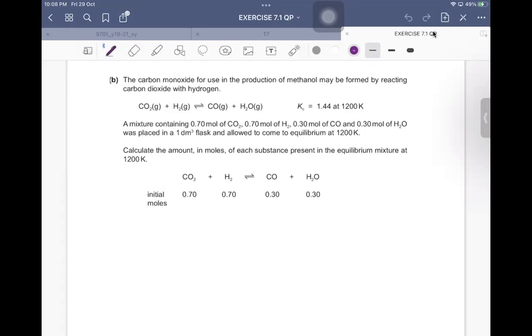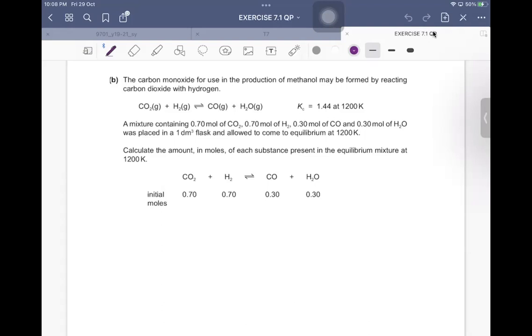It will come to a stop. In theory, equilibrium does not stop. They continue to react. Forward reaction happens, reverse reaction happens, and this continues in a loop because you always have a certain amount of reactant and a certain amount of products, and the forward and reverse rate is continuous. Okay. Anyway, moving away from that and back to this question.